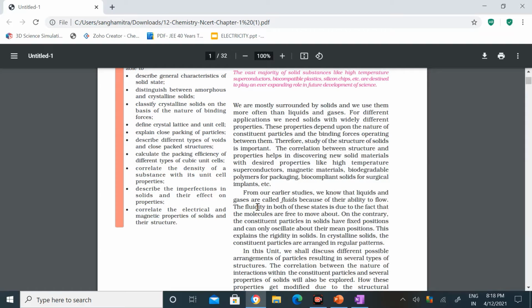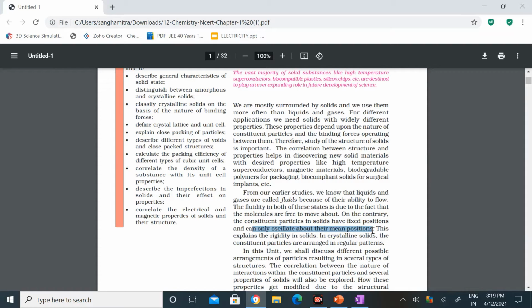Next is fluidity. Fluidity is one such property which is not exhibited by the solid. It is shown only by liquid and gases. Why? Because in solid, the particles have fixed positions. They can only oscillate about their mean position. That means they are not allowed to move.